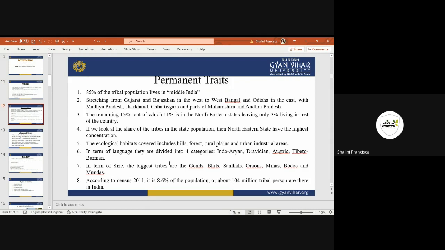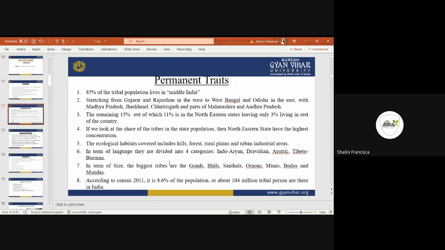There are 85% of the tribal population living in middle India, stretching from Gujarat and Rajasthan in the west to West Bengal and Orissa in the east, with Madhya Pradesh, Jharkhand, Chhattisgarh, and parts of Maharashtra and Andhra Pradesh.